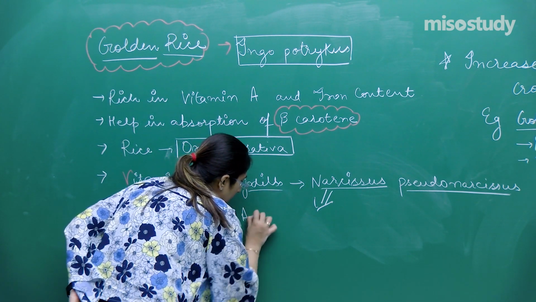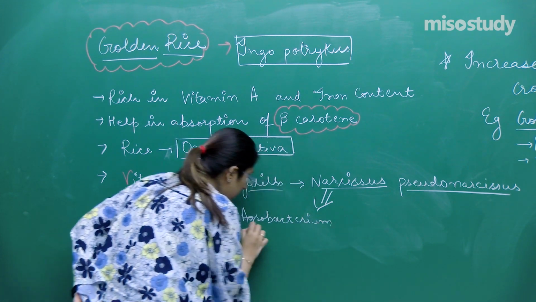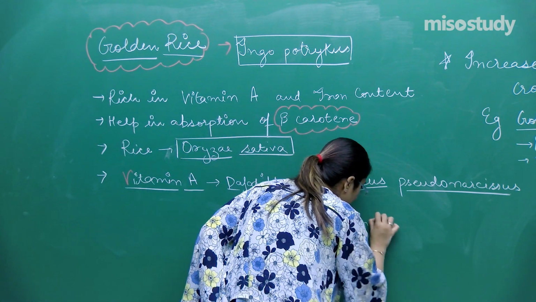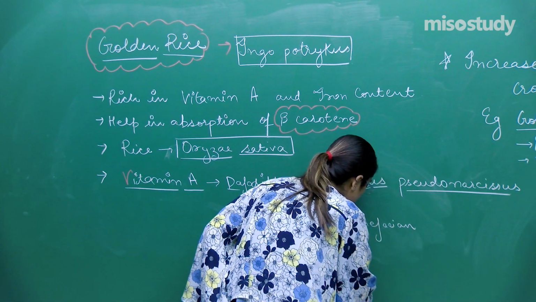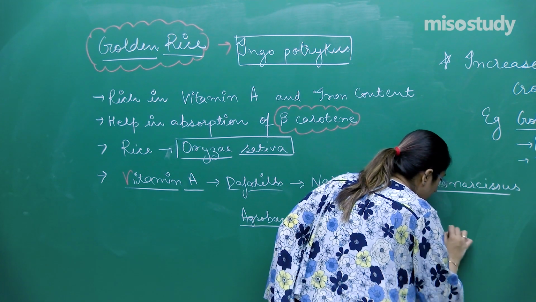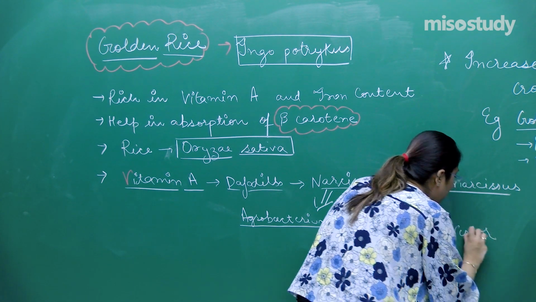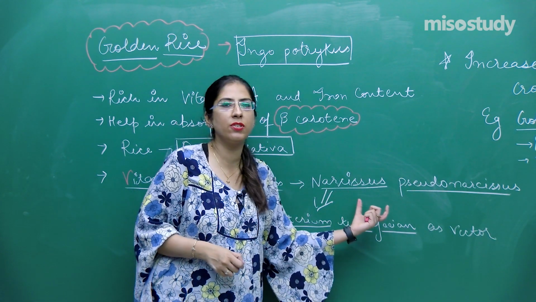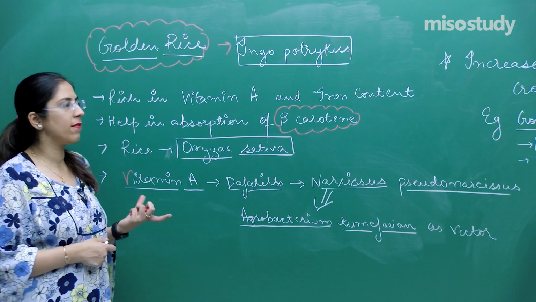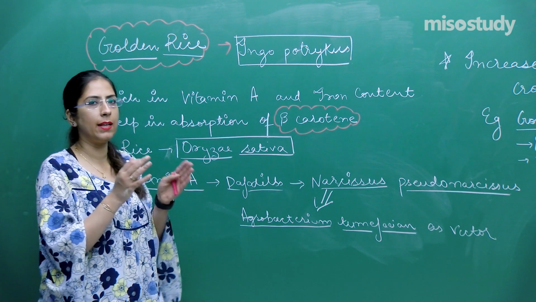They have used Agrobacterium tumefaciens as a plasmid, or you can say as a vector, the carrier molecule, and they inserted this particular gene which codes for vitamin A into Oryza sativa, right?